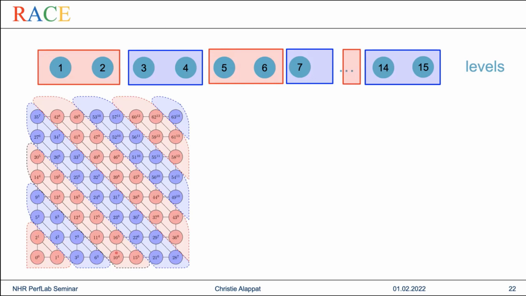And now if we distribute threads, say we are computing on the red level groups, there is a problem, because the thread that works on the lower left level group has a smaller amount of work compared to a thread that works on the middle portion of this graph.